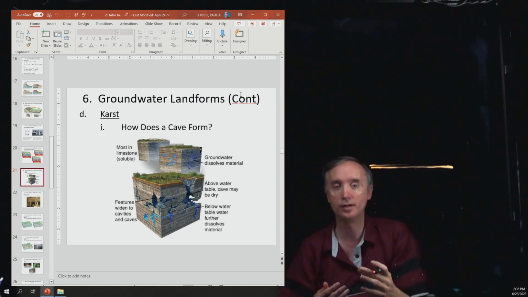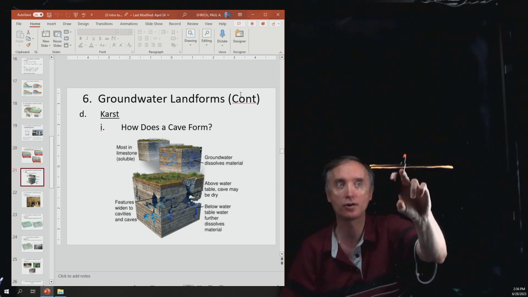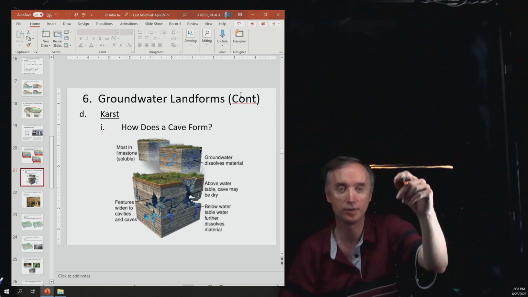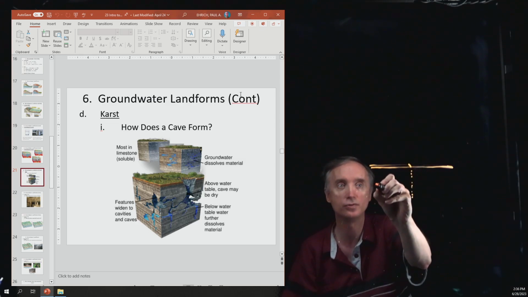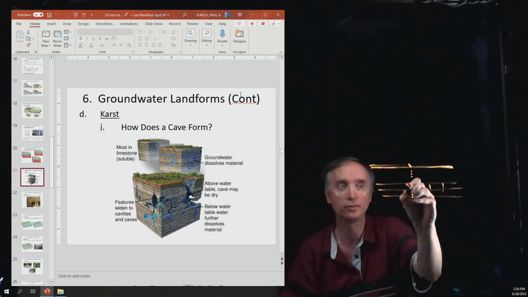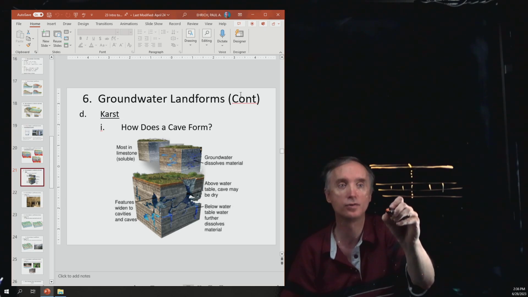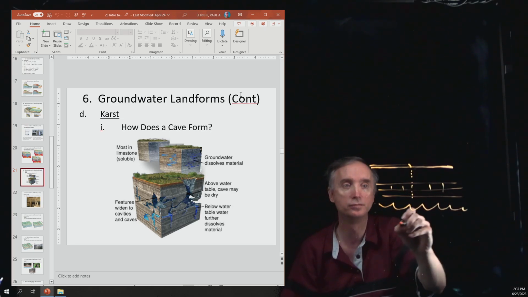That normally keeps any water from getting down to here. But there's going to be a crack in it somewhere. Because of an earthquake, there's going to be a crack, and so water is going to be able to get into this limestone that's down here. Okay, and then it's going to make a water table underneath it.